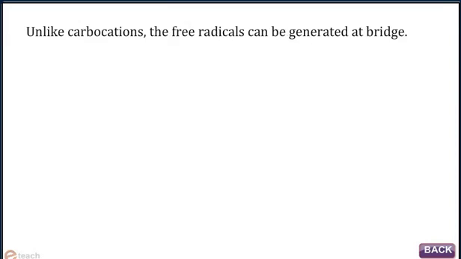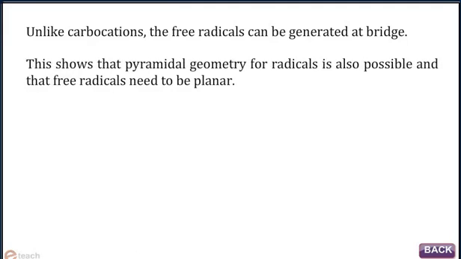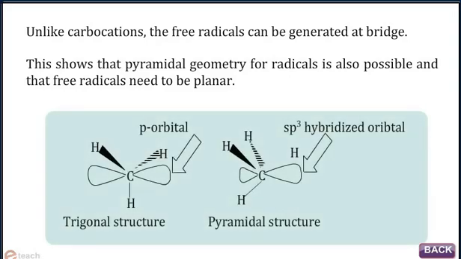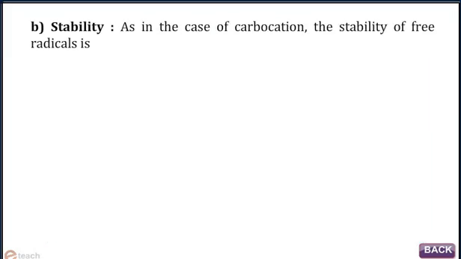Unlike carbocations, the free radicals can be generated at a bridgehead. This shows that pyramidal geometry for radicals is also possible and that free radicals need not be planar, as shown in the given figure.